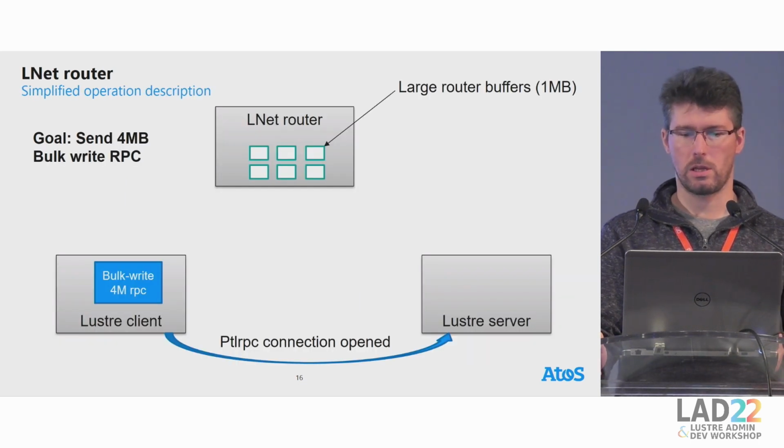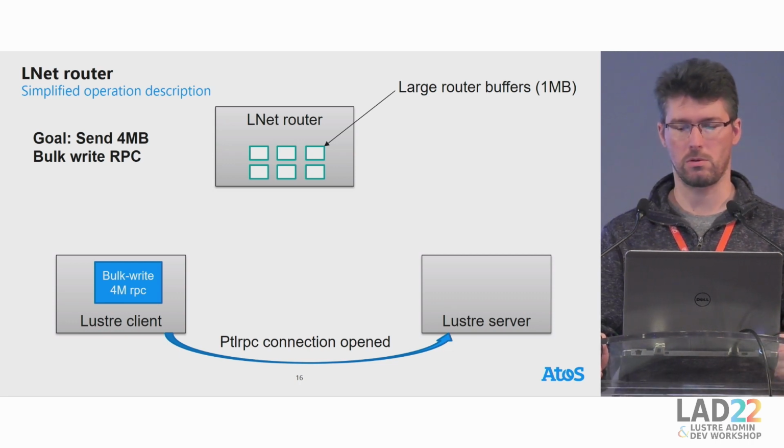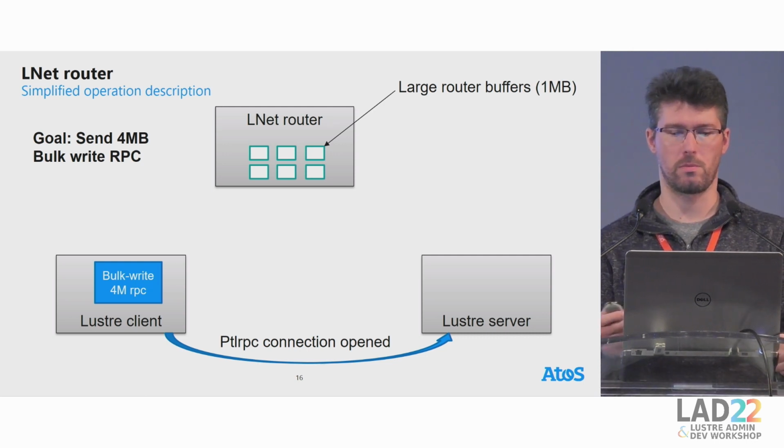So let's take the example that we want to send a 4 megabyte bulk write RPC from a client to a server for which the RPC connection is already established. And we have the LNet router in between. So an LNet router will have statically allocated buffers that can be used to store the data between the client and the server.